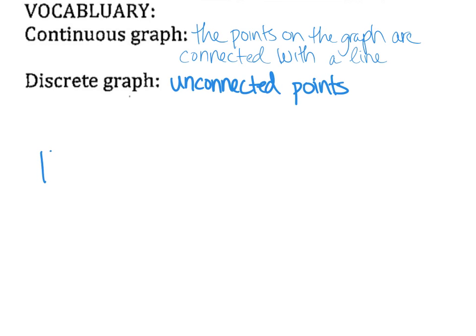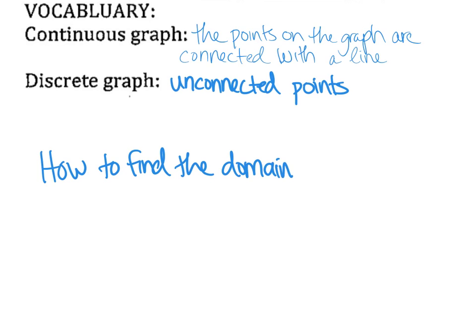And then the next thing I want to do is how to find the domain. Okay, the domain on a graph is going to be the x-axis. So when I look at a graph, I'll draw one real quick.